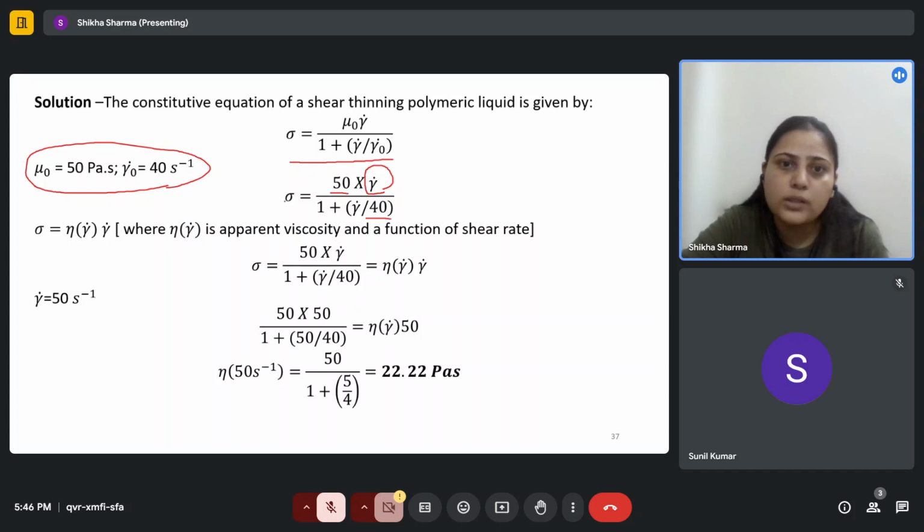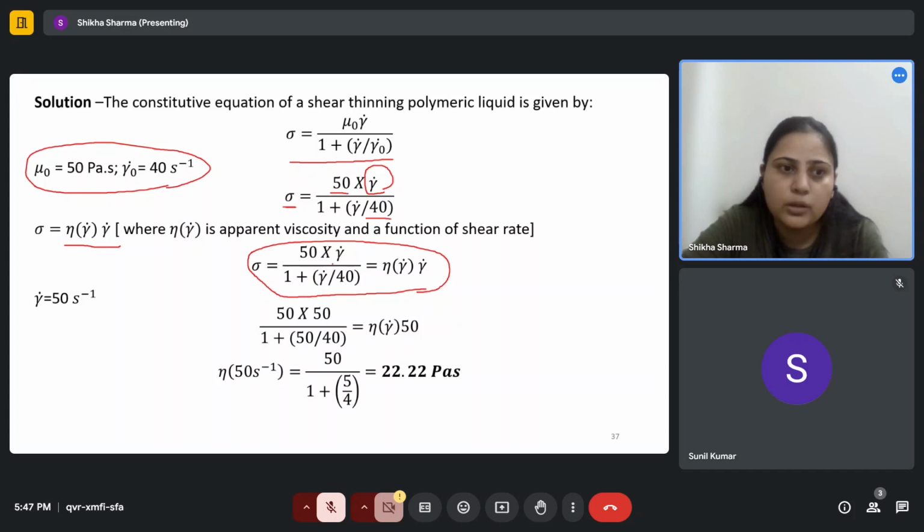This whole is equal to the stress, which is nothing but the apparent viscosity, a function of shear rate, multiplied by shear rate. So we can equate this equation.